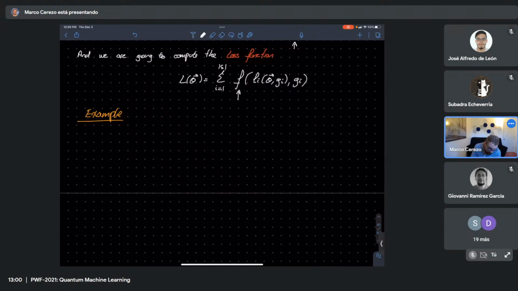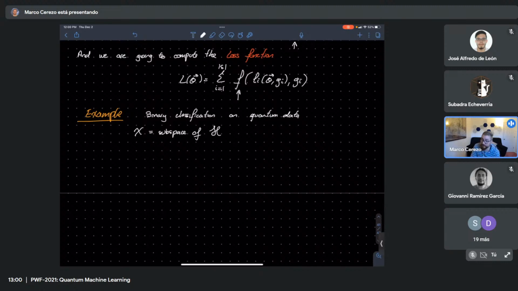So imagine that now we want to do a problem of binary classification on quantum data. That means that X is just a subspace of the Hilbert space.